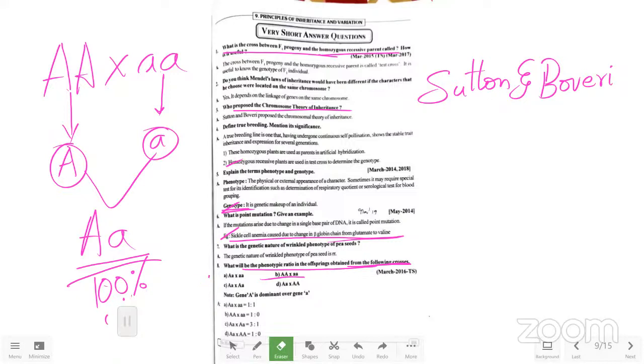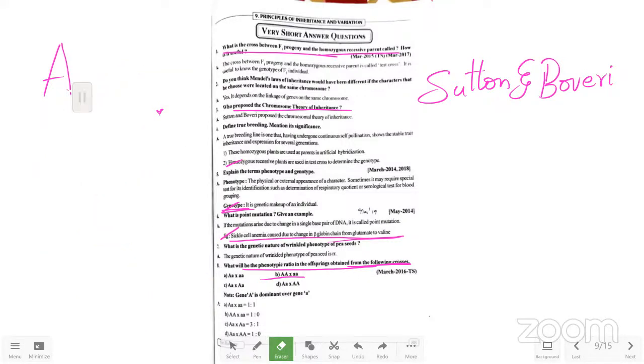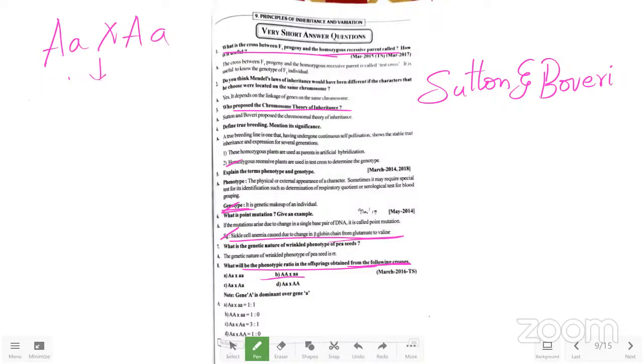Next one, capital A, small a crossed with capital A, small a. If that condition is there, then we have to go with the Punnett square picture, which is very easy.